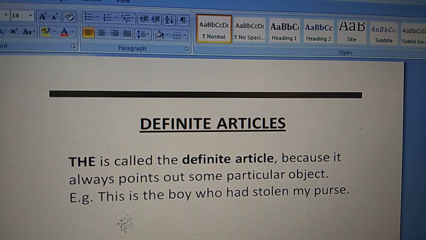So now look at these examples. This is the boy who had stolen my purse. So you are pointing out at the boy. So you have used the boy.